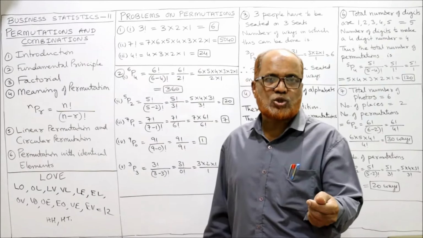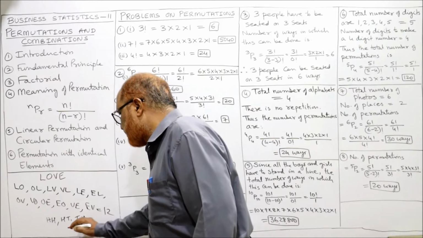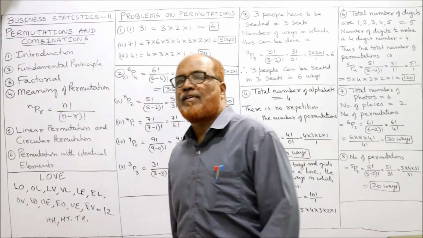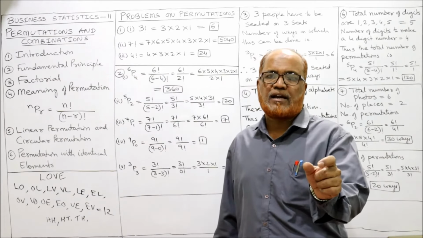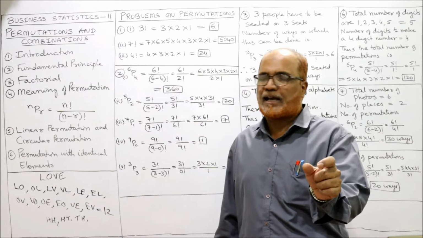Third possibility, tail, head: first time tail, second time head. Fourth possibility, tail, tail: first time tail, second time tail. So when the coin is thrown 2 times, the possible outcomes are head-head, head-tail, tail-head, tail-tail. So this is a problem of permutation.